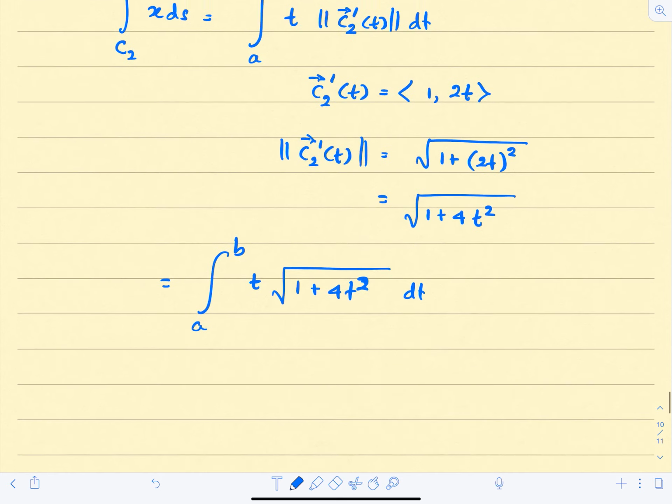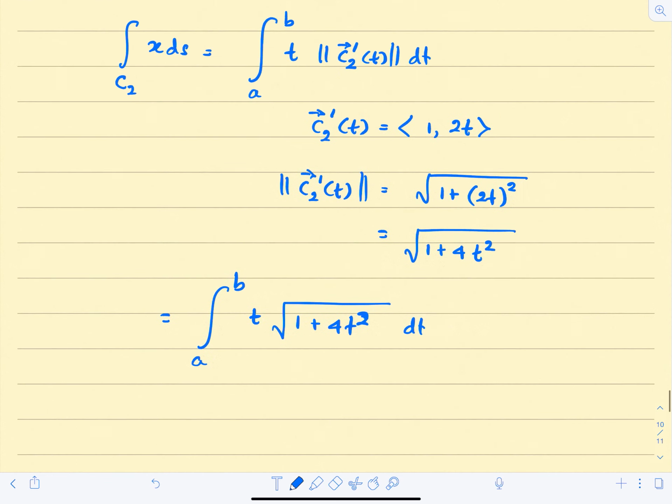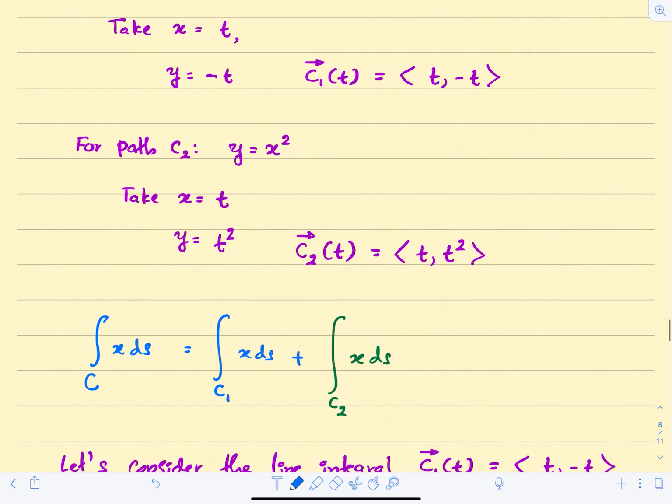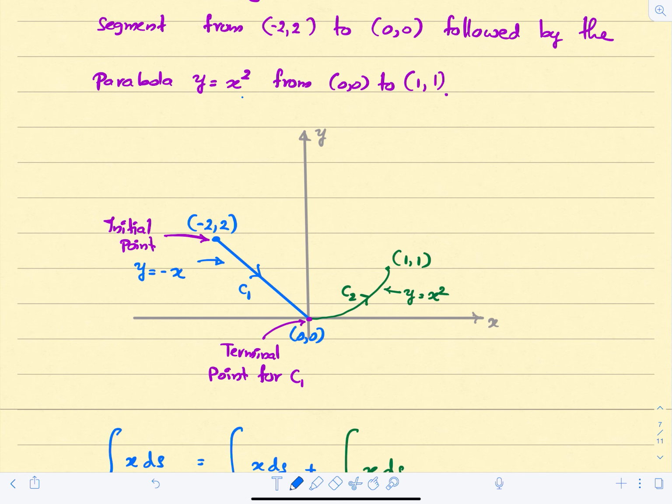Now let's figure out the limits. For the curve C2, this is your initial point, and that's your terminal point.